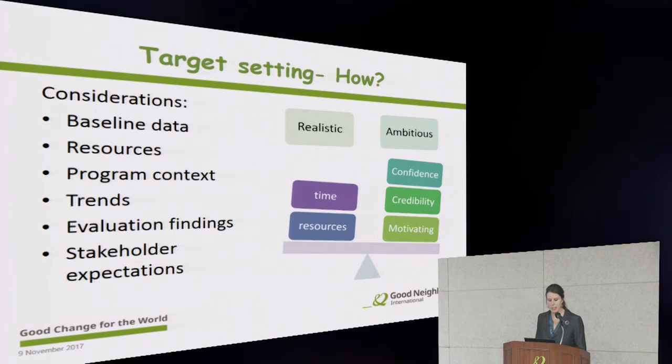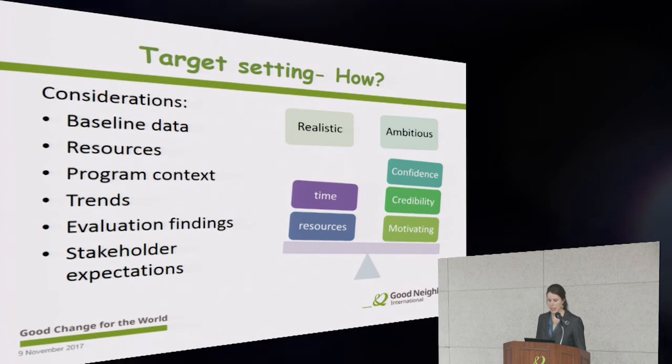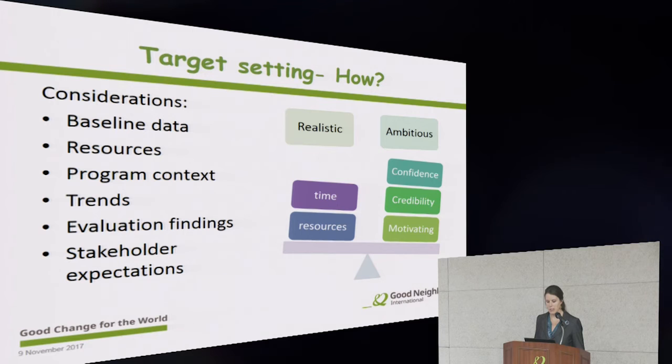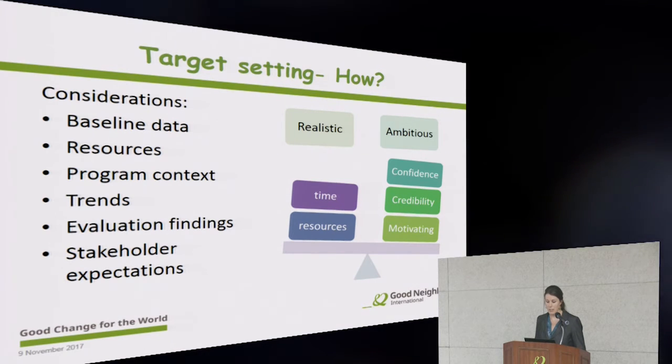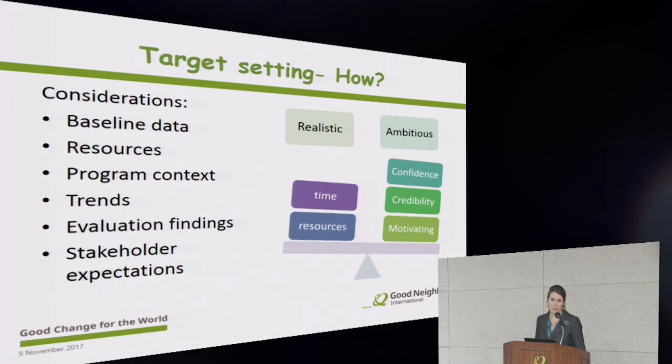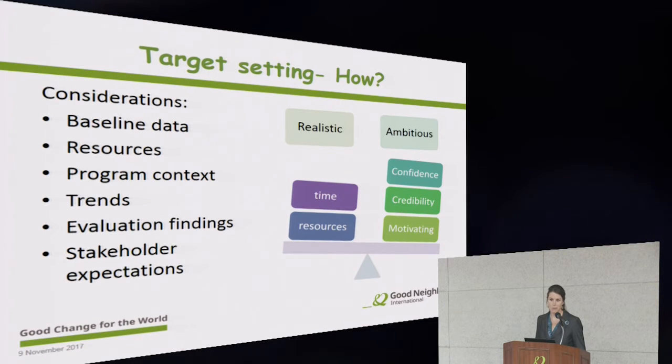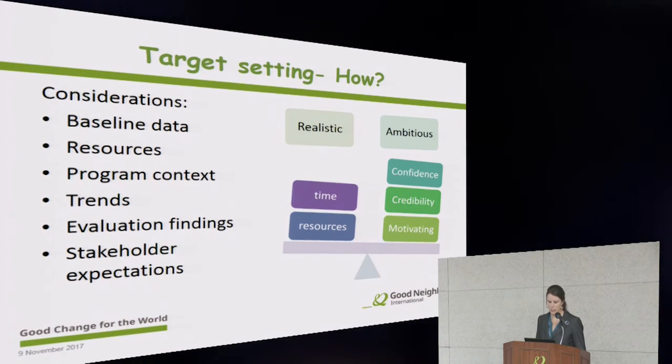So target setting is difficult, and project teams may hesitate to set targets. They might be afraid that they may not accomplish the targets they set, or it's just too confusing to set targets, too complicated.